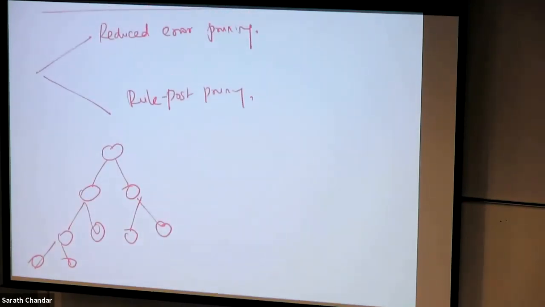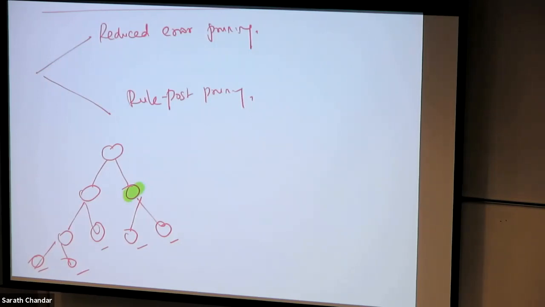Now, whenever you are here, you're going to have a default class on this side. Now the idea of reduced error pruning is once you have constructed the tree, you're going to start from the lowermost level. So for example, in this case, I'll consider this node, and I'll remove this node.